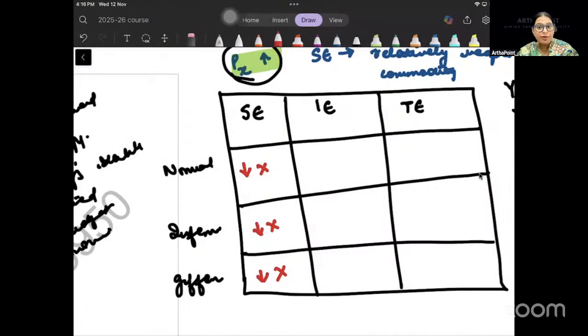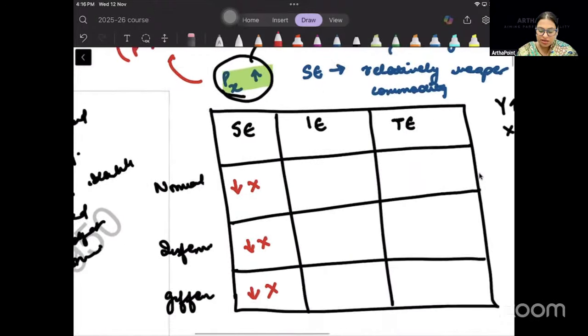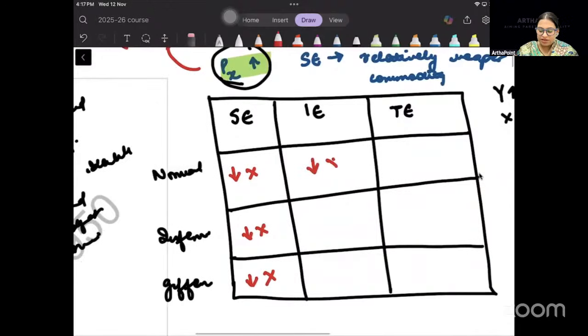But income effect says that when the price of good X increases, my real income decreases. My purchasing power decreases. And when my purchasing power decreases, if it is a normal good, I will decrease consumption. If it is an inferior good or Giffen good, I will increase consumption.